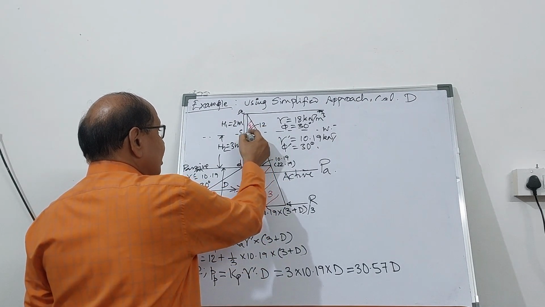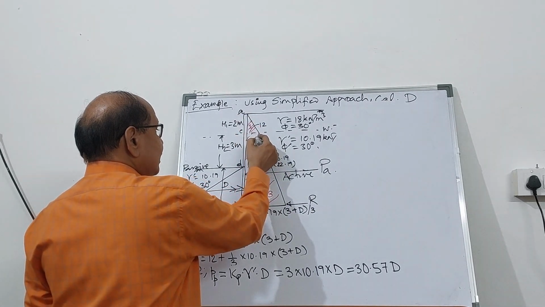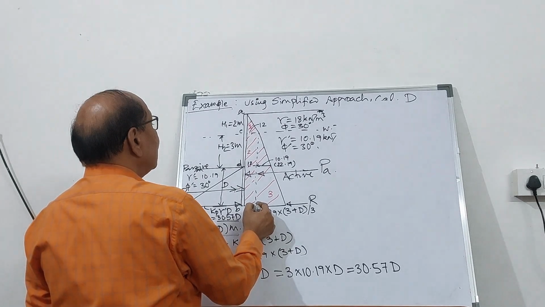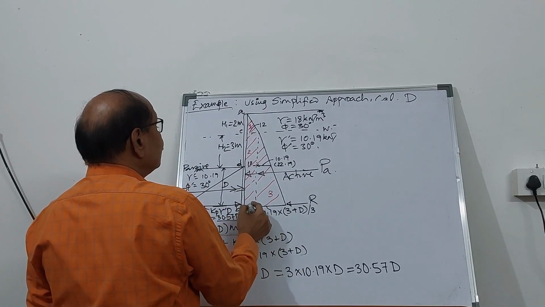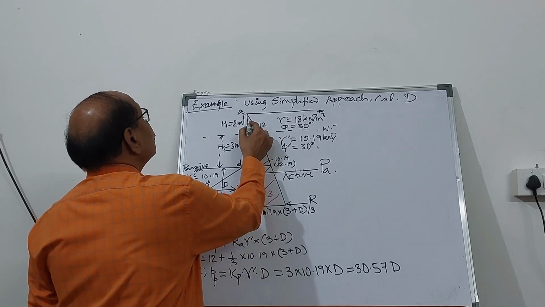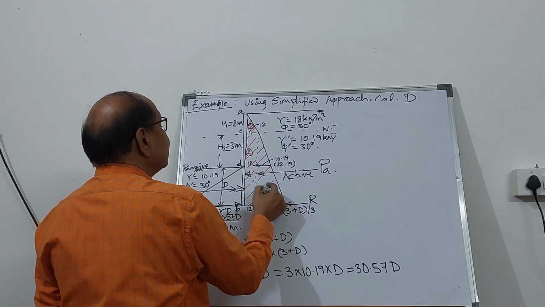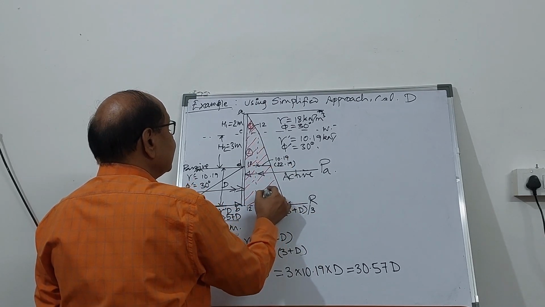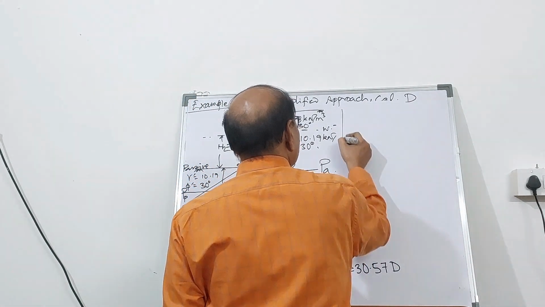One is the triangular part up to 2 meter, and from 2 meter up to the bottommost point, it is going to be 12. So that is area number 2. So 1, 2, and for the triangular part, it is going to be 3. So PA should be calculated.